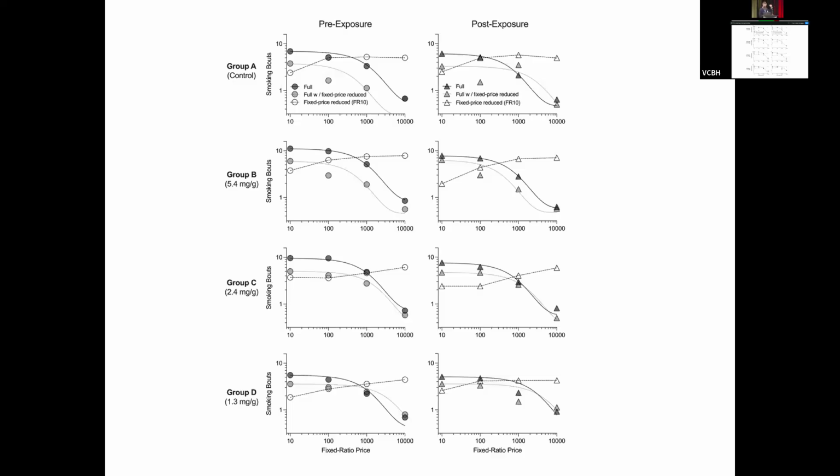And so you can see the gray symbols are lower, so we did see a decrease in demand because of the availability of the reduced nicotine cigarettes. And then in the open symbols, what we're showing is the consumption of those fixed, low-cost, reduced nicotine cigarettes. And you can see in all the conditions that positive slope, that positive cross-price elasticity, they look like substitutes. But again, we didn't see any difference, and the statistics bore this out, any difference dependent on nicotine dose.